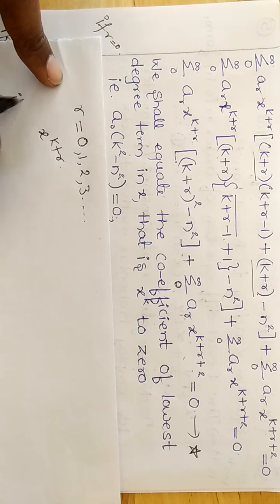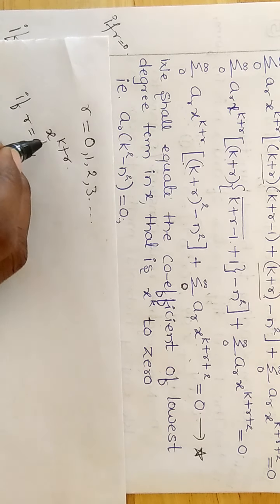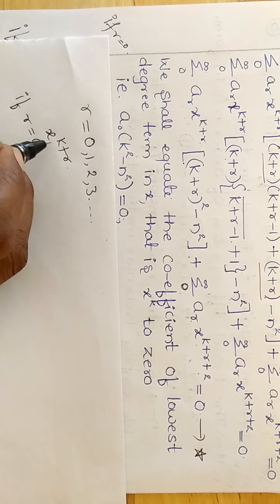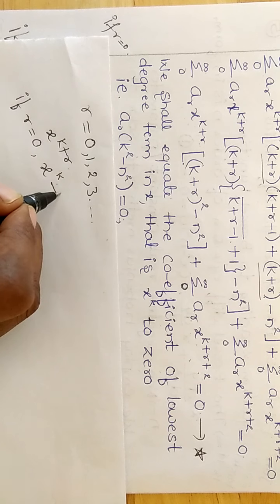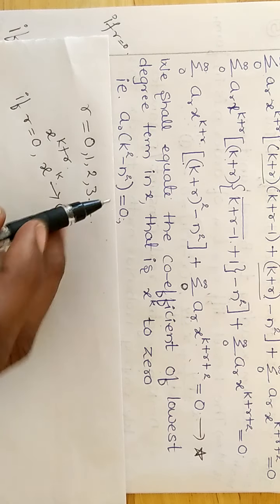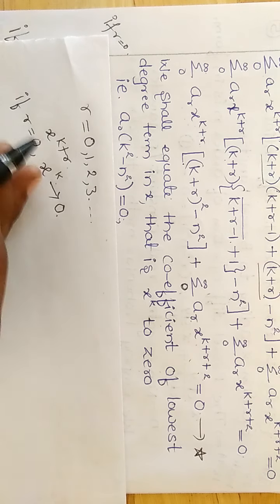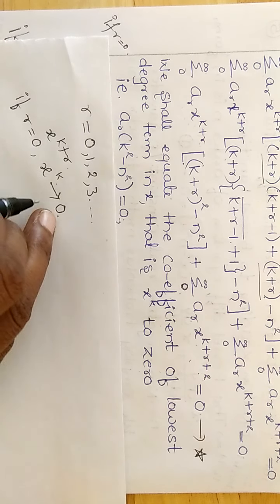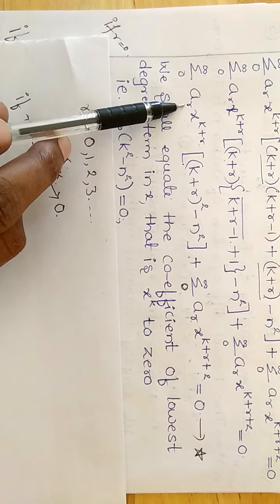If r is equal to 0, then x to the power k plus r becomes x to the power k. To equate only the coefficient of the lowest degree term, that is x to the power k, to 0, put r is equal to 0.